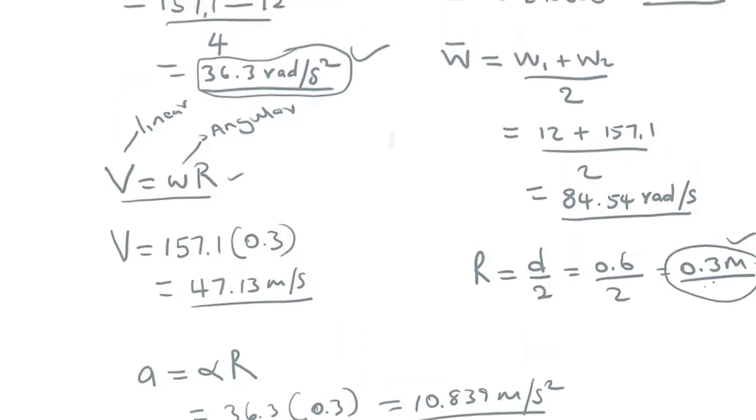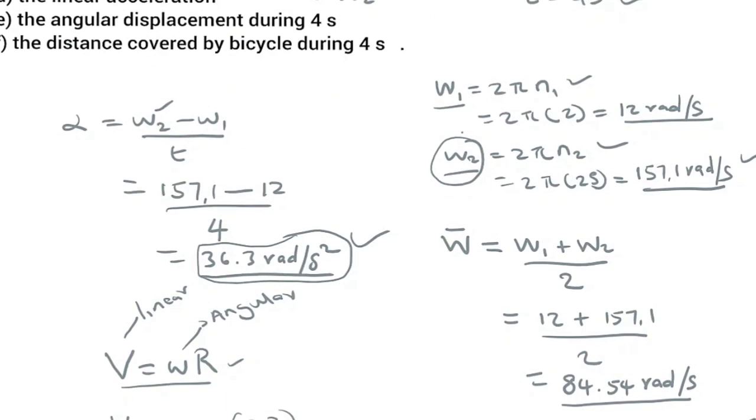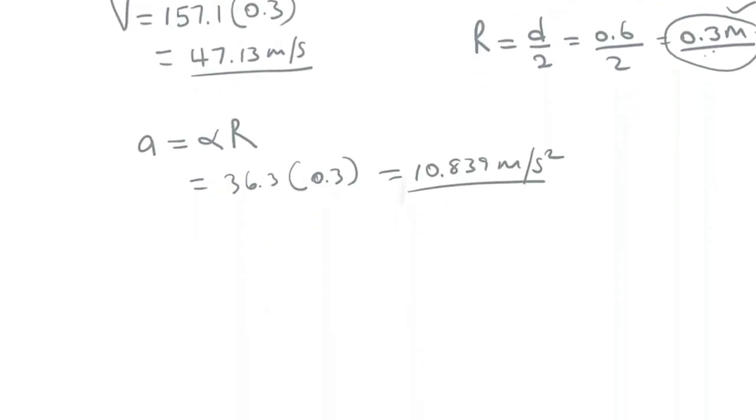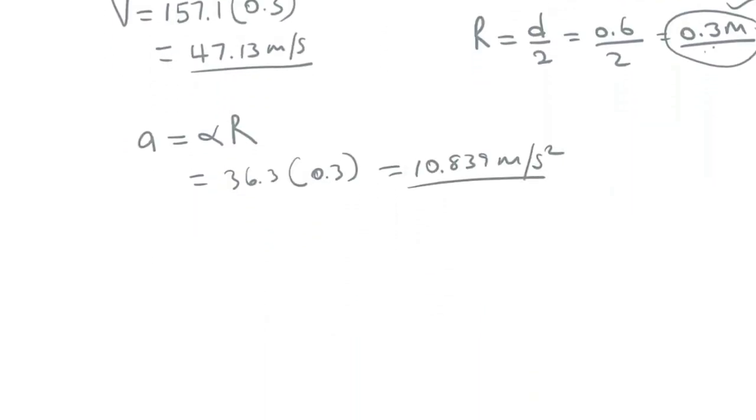Now we are required to find the angular displacement during 4 seconds. The formula to find the angular displacement is angular velocity 1 plus angular velocity 2, divided by 2, all in brackets, then times the time.